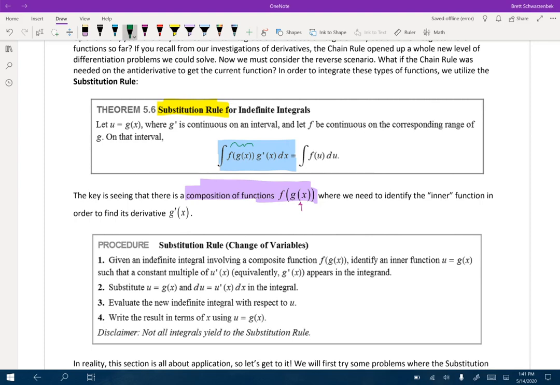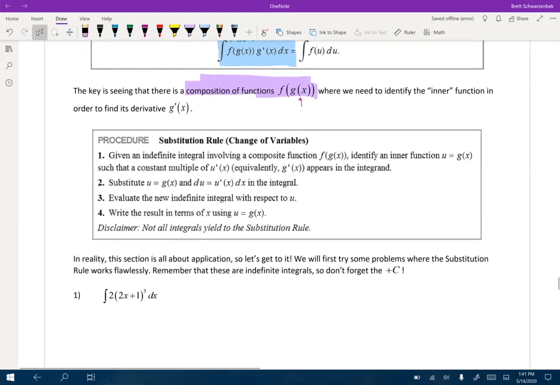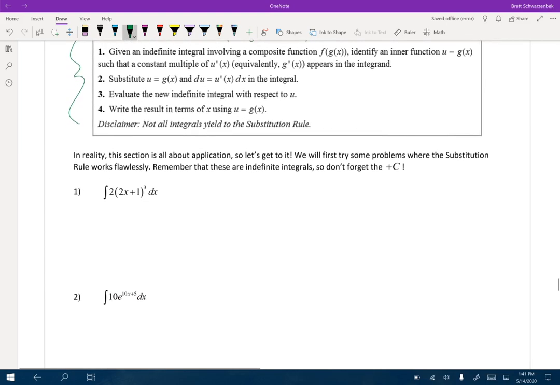It's extremely difficult to really portray that unless you're doing examples, but the procedure for doing so is right here. It is useful, but it will mean absolutely nothing to you unless we're going through and doing examples.